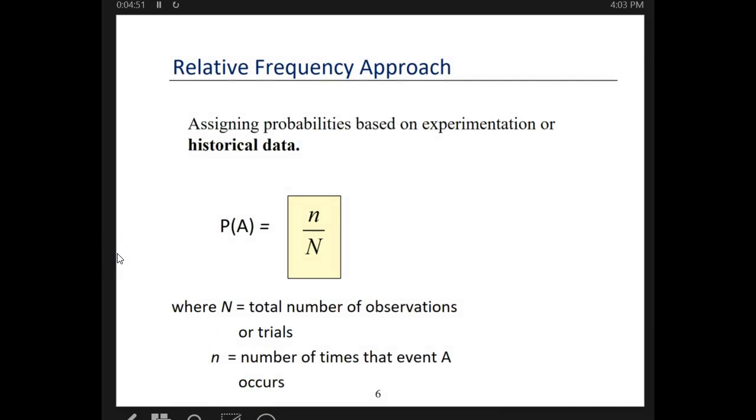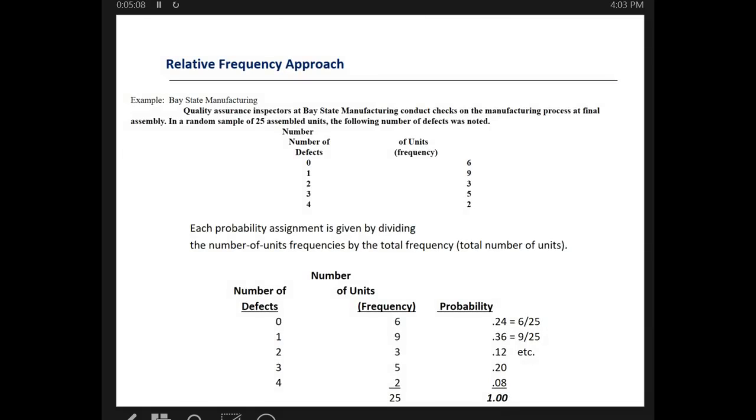The relative frequency approach is based on historical data, if you recall. It's just the number of times that a particular observation occurs divided by the total number of observations. An example would be the inspectors at Bay State Manufacturing conducted checks on the manufacturing process at the final assembly.